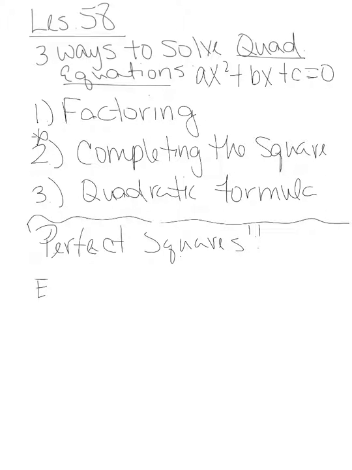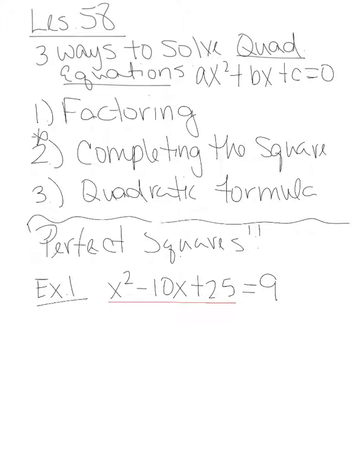For example number 1, we have x squared minus 10x plus 25 equals 9. I'm going to give you a chance to copy that down. I'm going to focus on this part of that equation, and with that, you can tell that that is a perfect square.